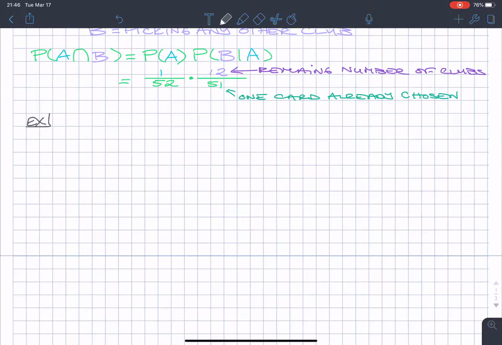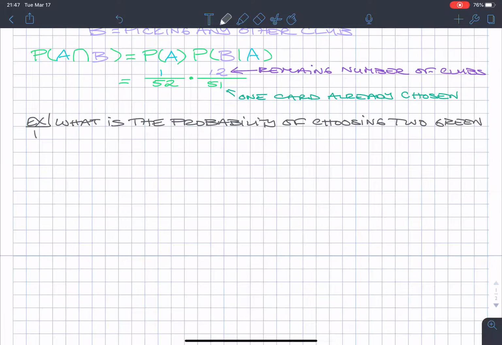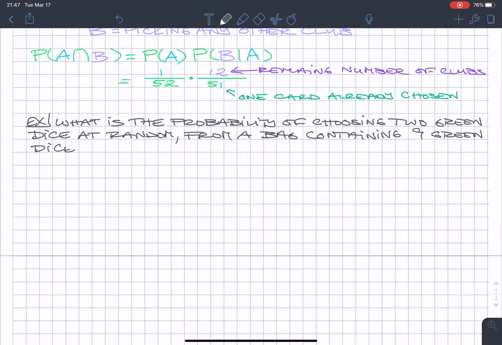So what is the probability of choosing 2 green dice at random from a bag containing 9 green dice, 7 blue dice, and 5 red dice?